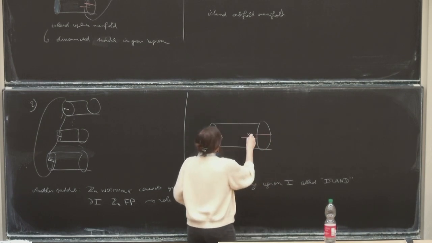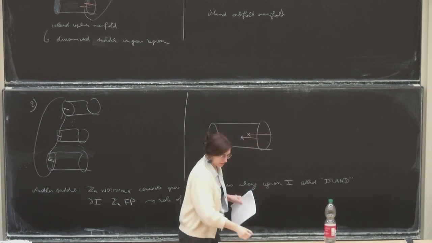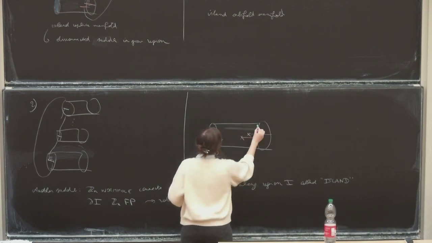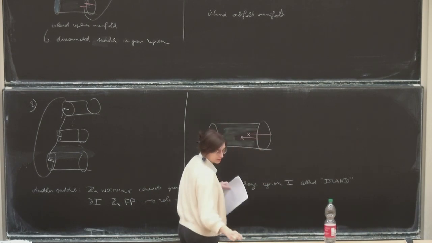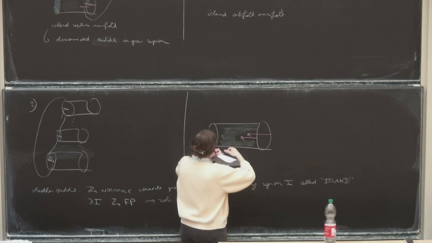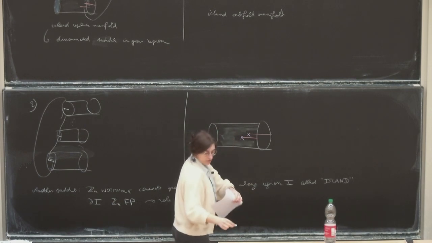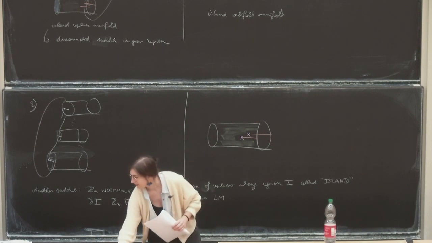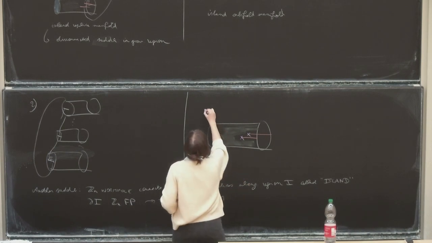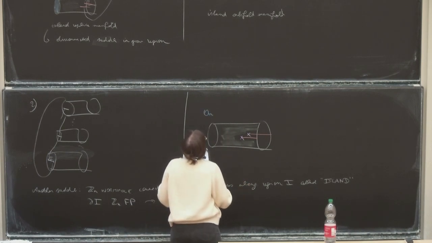So the non-gravitational region is the same. We have our M orbifold in the gravitational region.